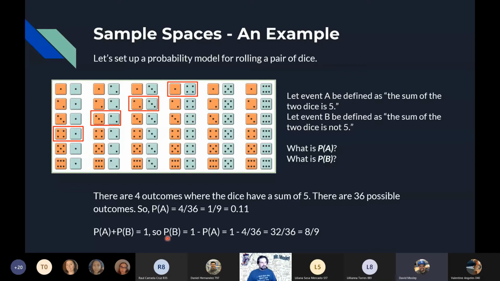So the probability of B is 1 minus the probability of A, which is 1 minus 4 out of 36, which gives us 32 out of 36, which we can reduce to 8/9, but it is better to leave it as 32 out of 36 because the numbers have significance. All right.